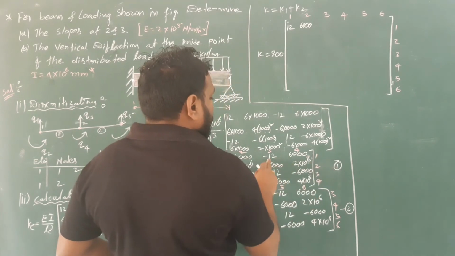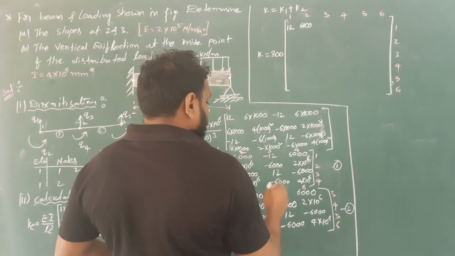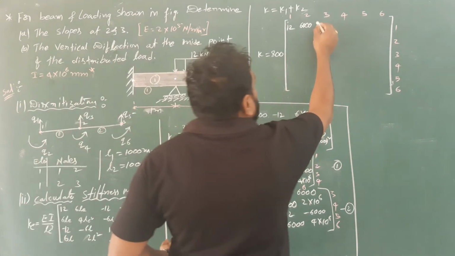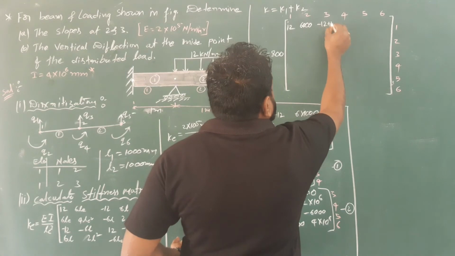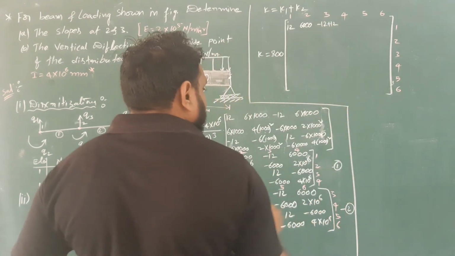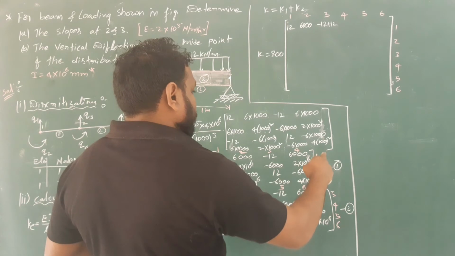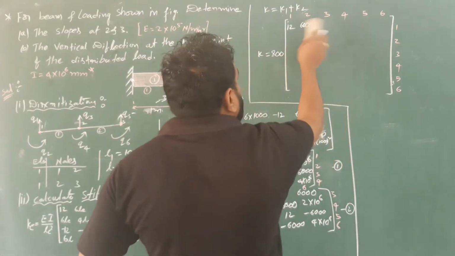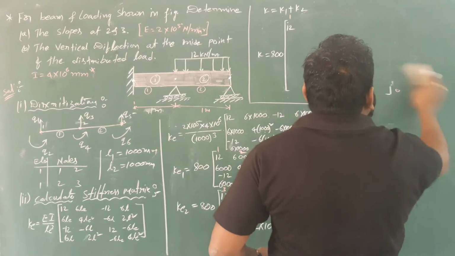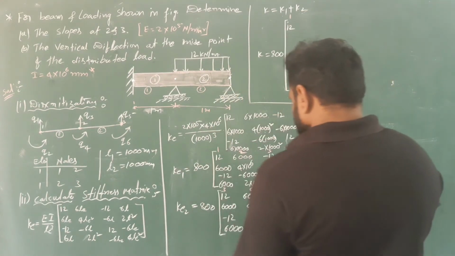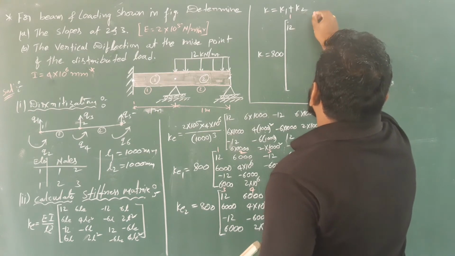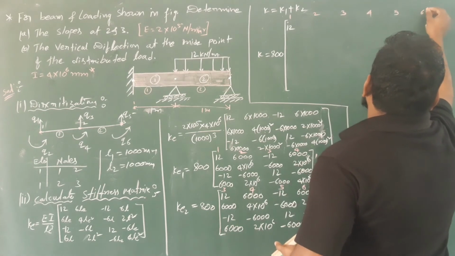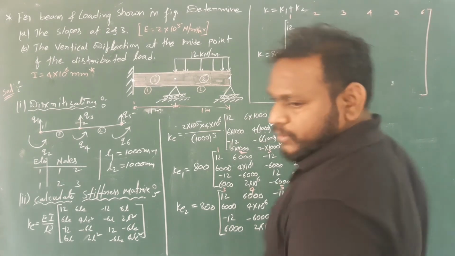Next, first row, third column here is minus 12. Here also third row, third column is 12. That is minus 12 plus 12. Next, first row, fourth column is, first row. So I will write 1, 2, 3, 4, 5 and 6.